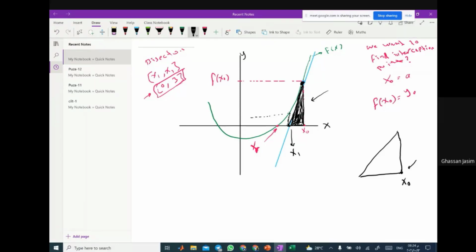Okay, what's this point? F of x naught. Good. What is this point?